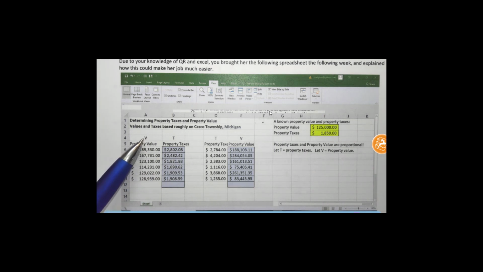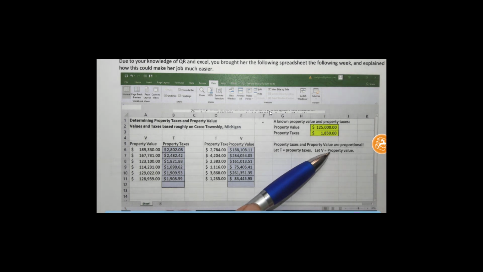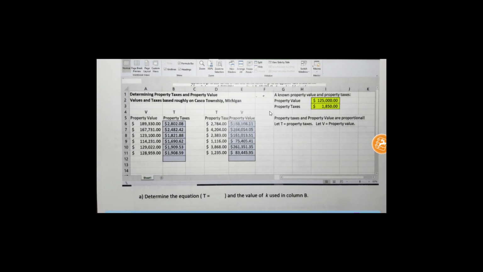This one she set up where you input the property value and output the taxes. And this one she set up where you input the taxes and you can output the appraised property value. All right, T is taxes and B is property value. So let's look at some of these equations here.